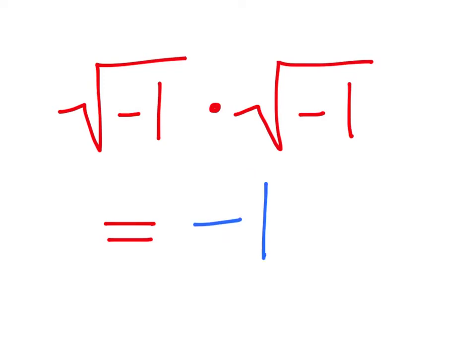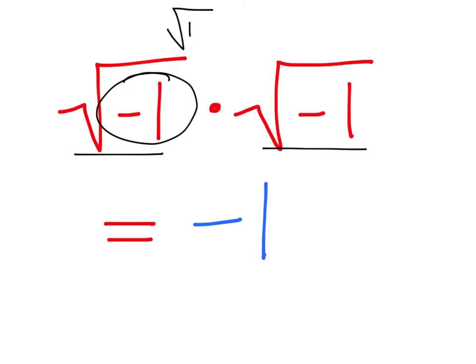Or the shortcut is, when you multiply 2 radical terms like this that are identical, the answer is the number under the sign. So if I had the square root of 19 times the square root of 19, it is 19.